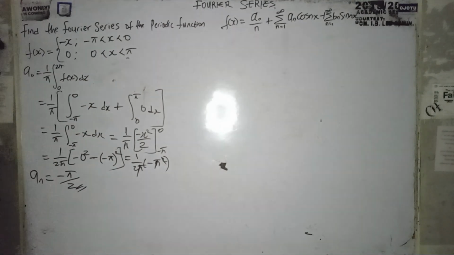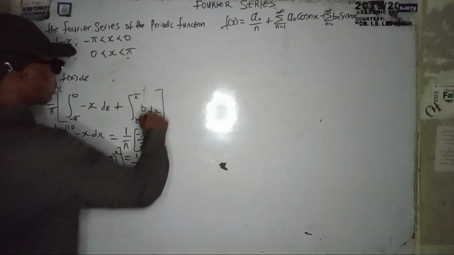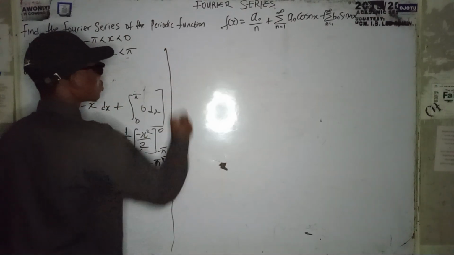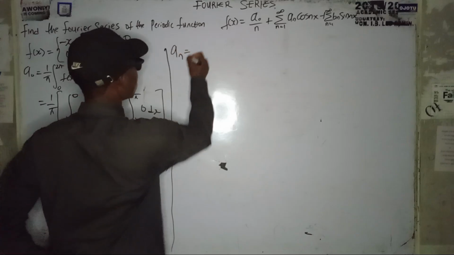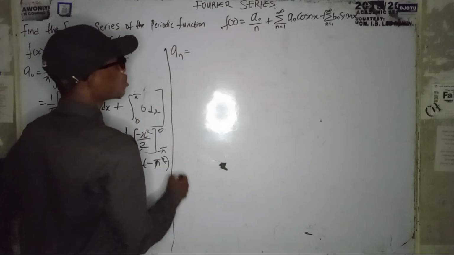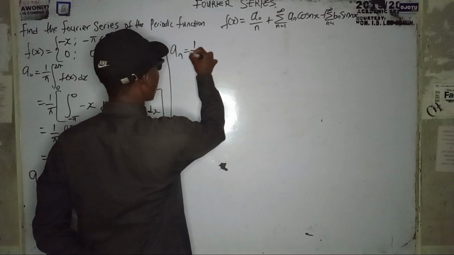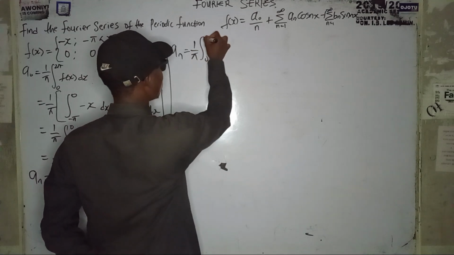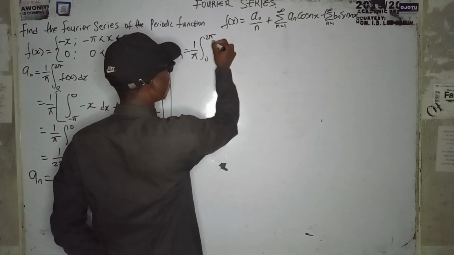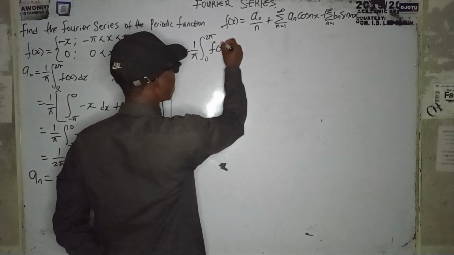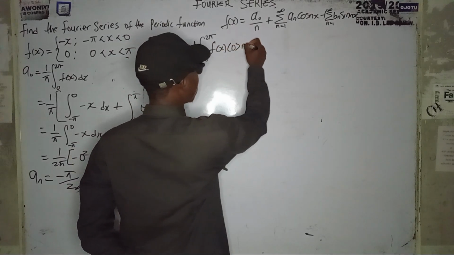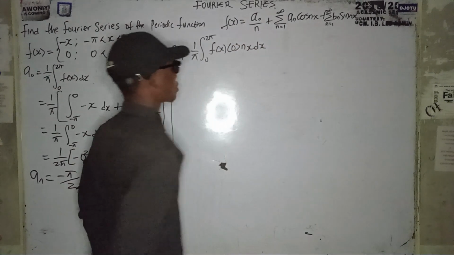So now let us move on to the coefficient an. We have an equal to 1 over pi times the integration from minus pi to pi of f of x cos nx dx as our formula.